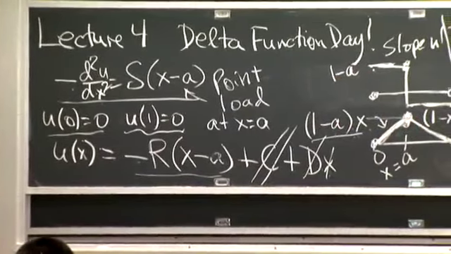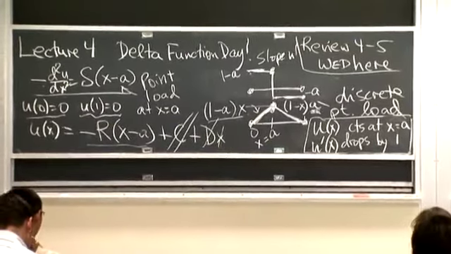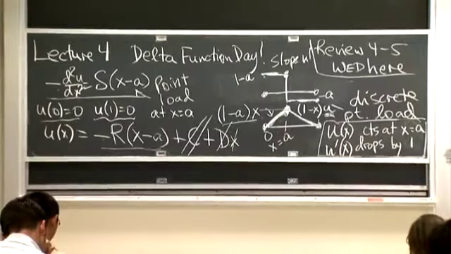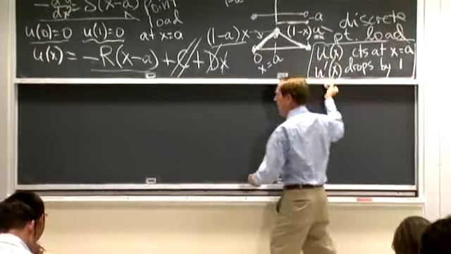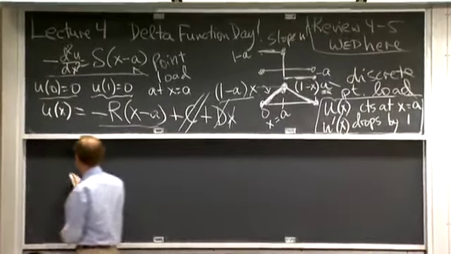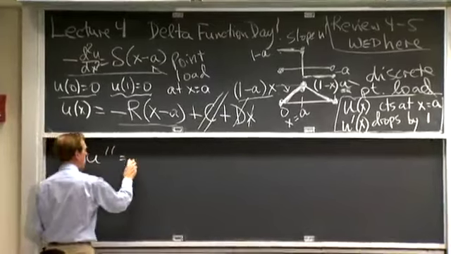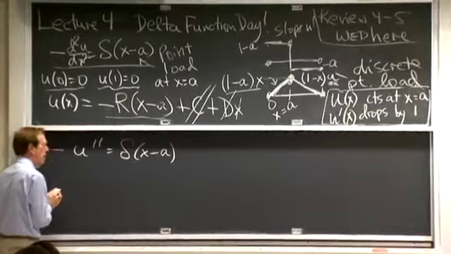Well, all that to solve this equation. Maybe while we're on a roll, let's solve the free-fixed guy. So this was the fixed-fixed problem. Let me below it solve the free-fixed problem. So it'll be minus u double prime, that's the second derivative, equals delta at x minus a. Same setup.